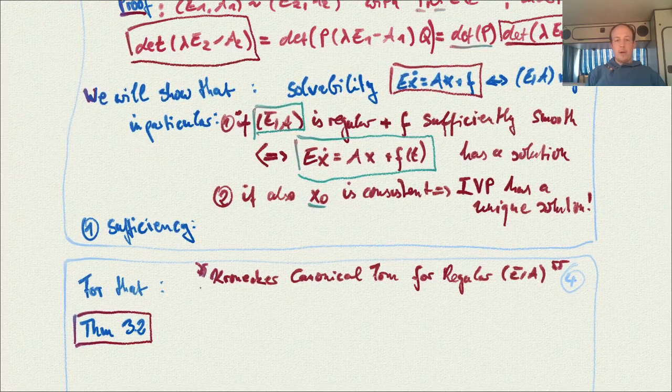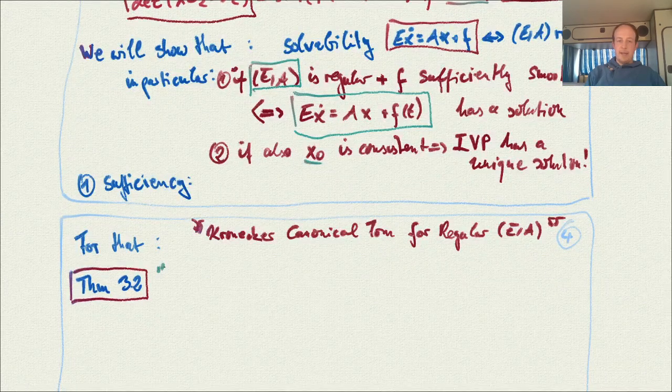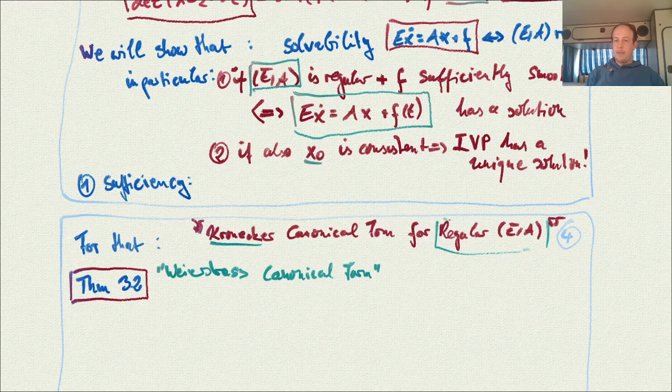And the workhorse for that is the Weierstrass canonical form, which is the Kronecker canonical form for regular E, A matrix pairs.